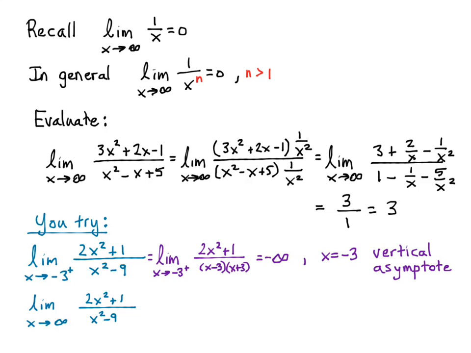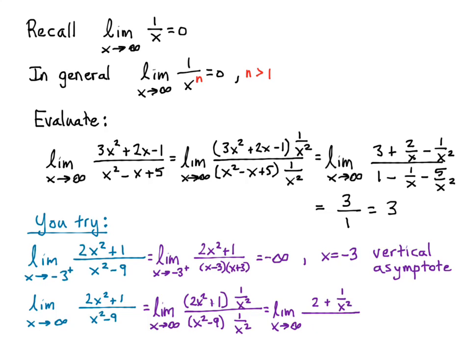Now how about the next one? I know you have to multiply by 1/x², I think, but I'm not sure how to do that exactly. All right, so let's look at the technique that I used just above that, where I'm multiplying the numerator by 1/x² and then multiplying the denominator by 1/x².